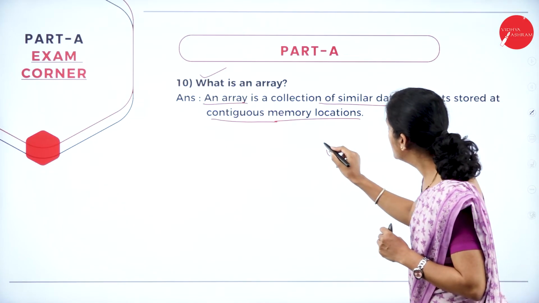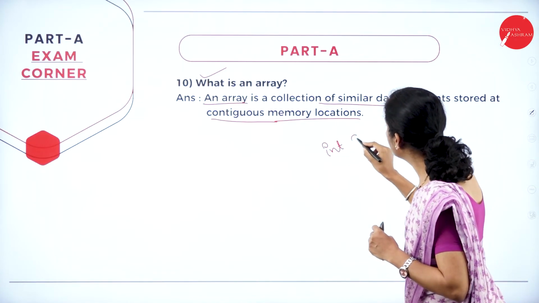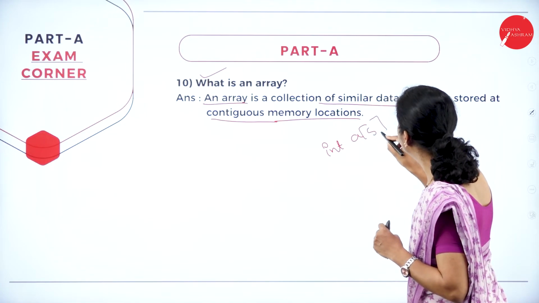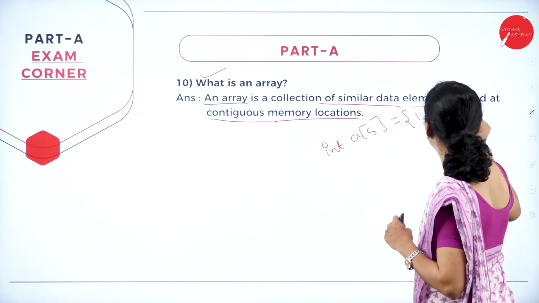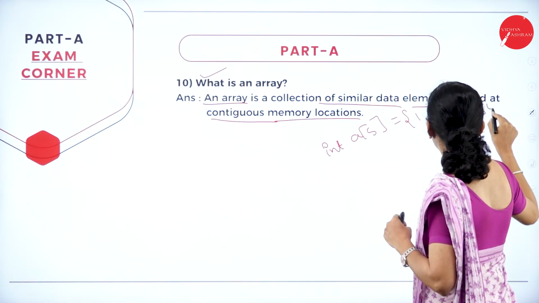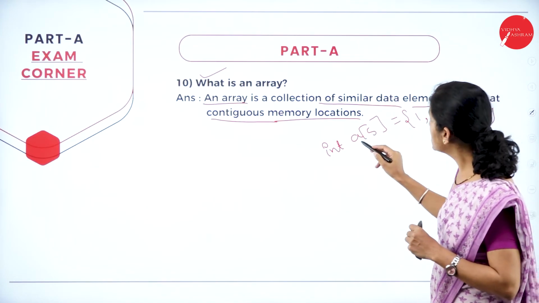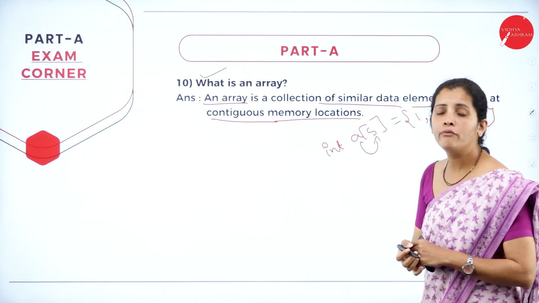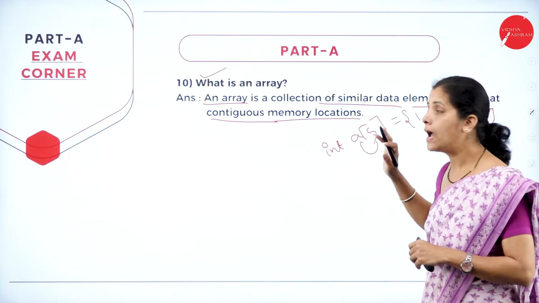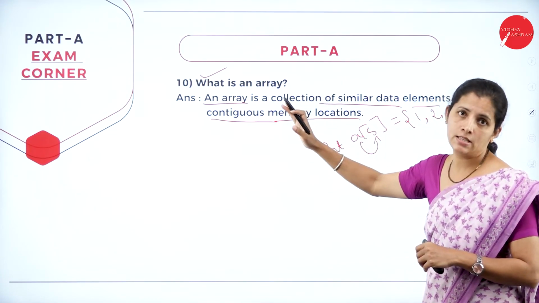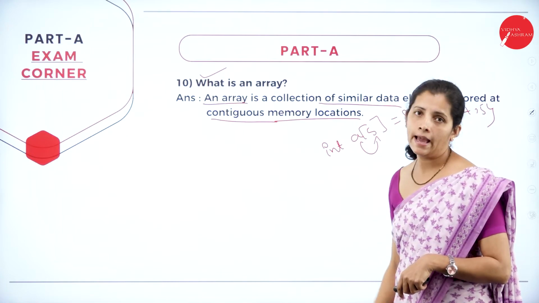For example, if I write int a of 5, what is my array name? Array name is A, and it is capable of storing 5 elements, and all the memories are allocated contiguously. So this is an array.